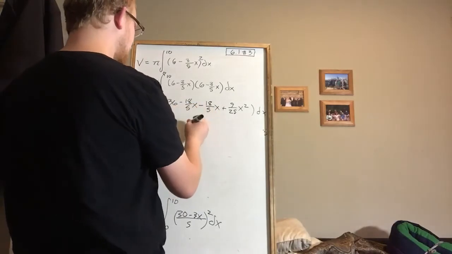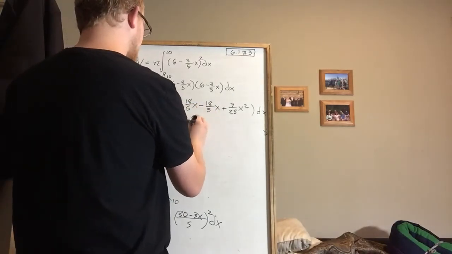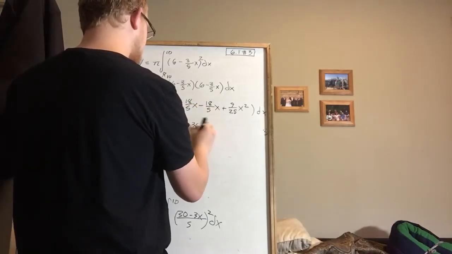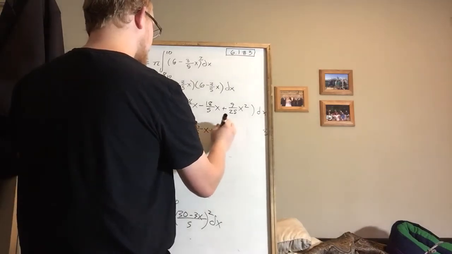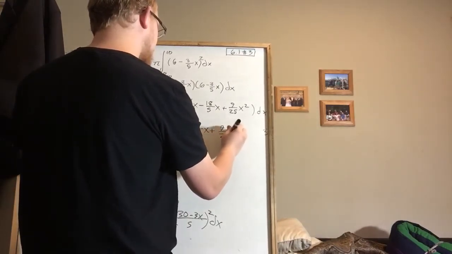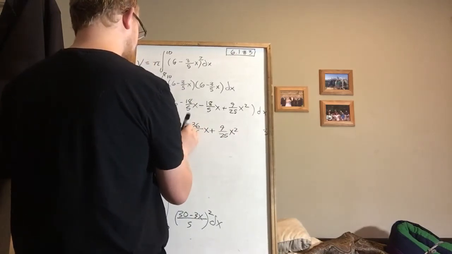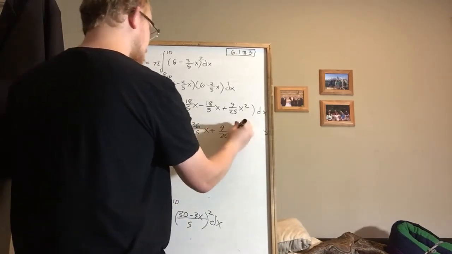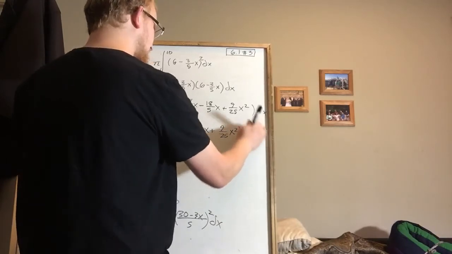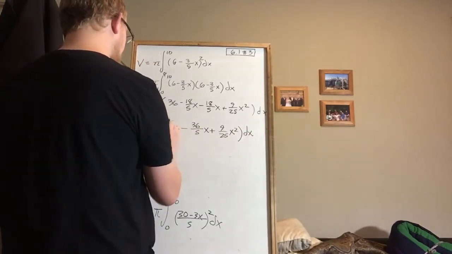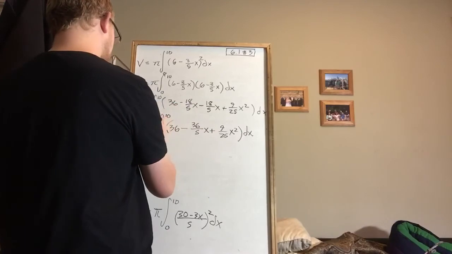Negative 18 minus 18 is minus 36/5 x, plus 9/25 x squared, 36 minus this.